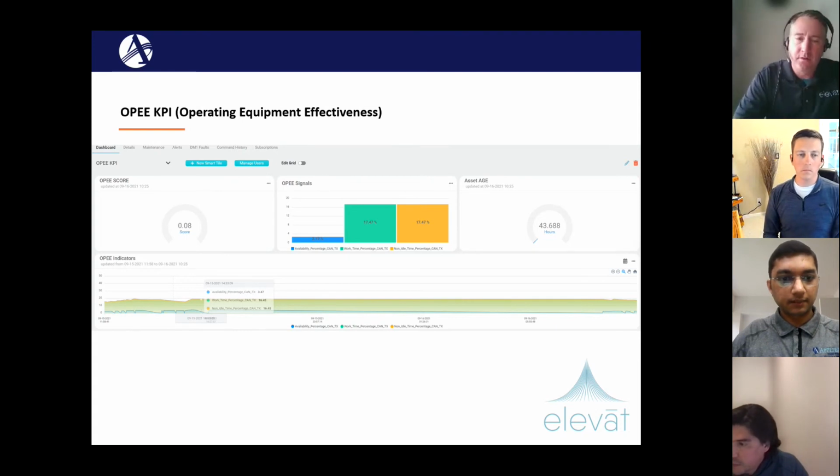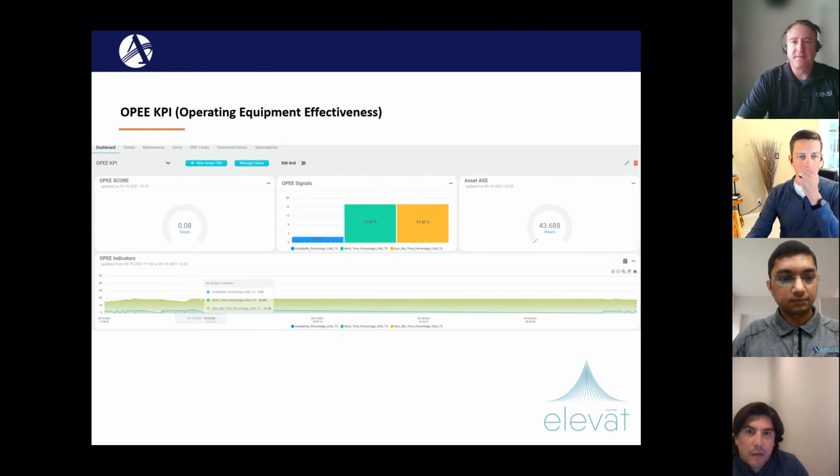So for example, we came up with the operating equipment effectiveness KPI. And really that's just meant to tell us on a machine how much it shows up for work, when it's showing up for work, how much of that time it actually spends working, and how much time it spends getting to and from point A to point B.